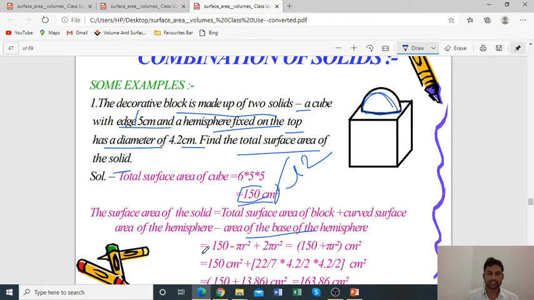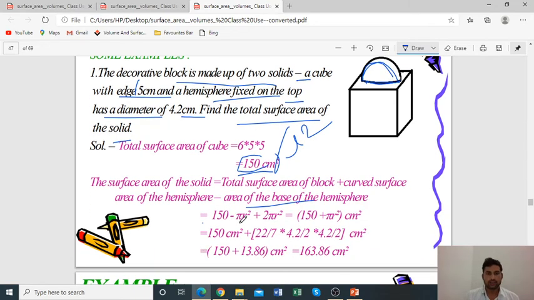So total is 150 minus πr², excluding the circular base area, plus 2πr², the curved surface area of the hemisphere. So 2πr² minus πr² leaves πr². Putting in values: 150 square centimeters plus 22/7 × 4.2/2 × 4.2/2, because 4.2 is the diameter so we convert to radius.